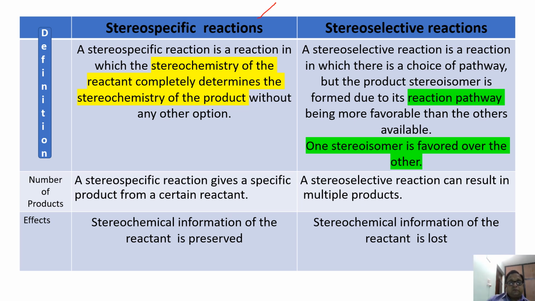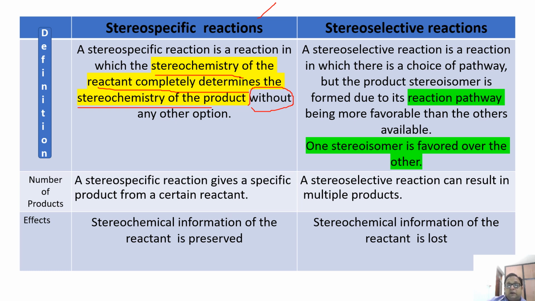Stereospecific reactions are reactions in which the stereochemistry of the reactant completely determines the stereochemistry of the product without any option. Which product will be formed depends totally on the stereochemistry of the reactant.